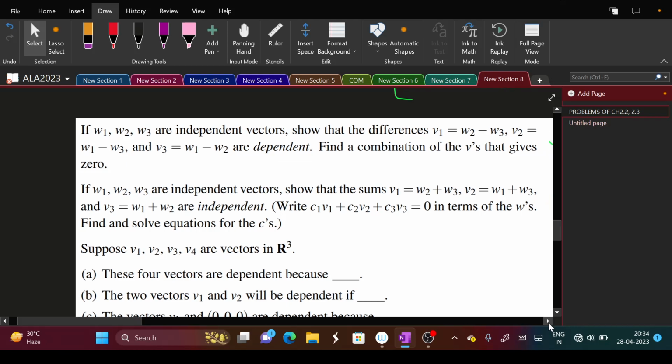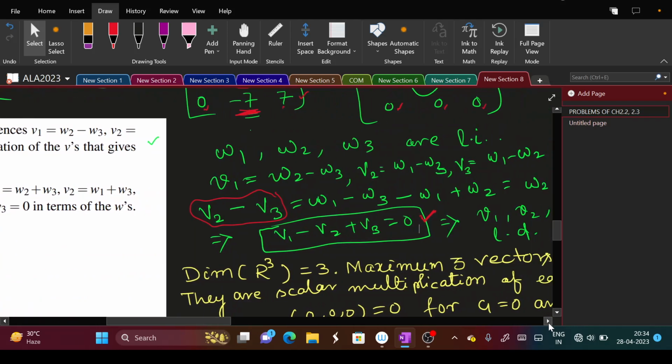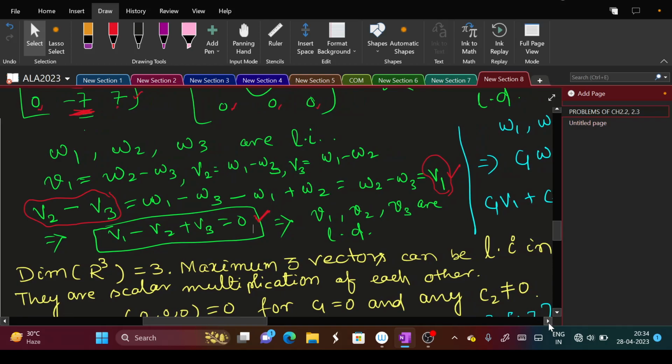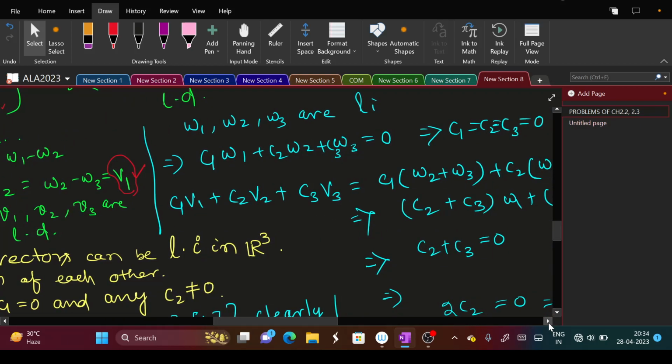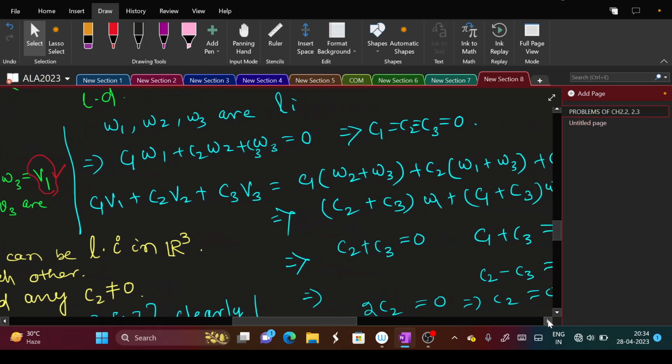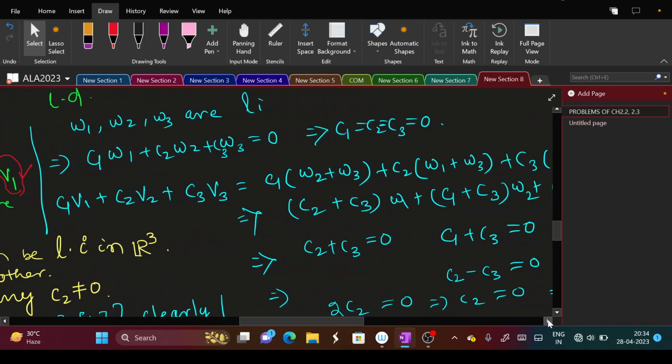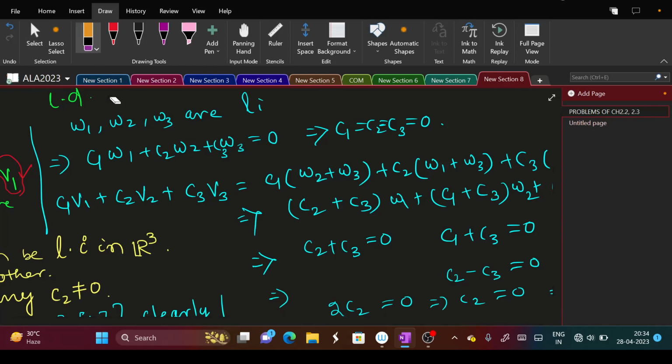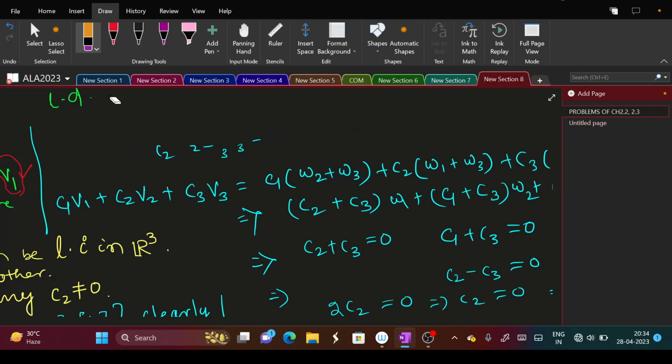To do so, what we will do? Let V1, V2, V3 be linearly dependent. Then their linear combination is C1 V1 plus C2 V2 plus C3 V3 is equal to 0.